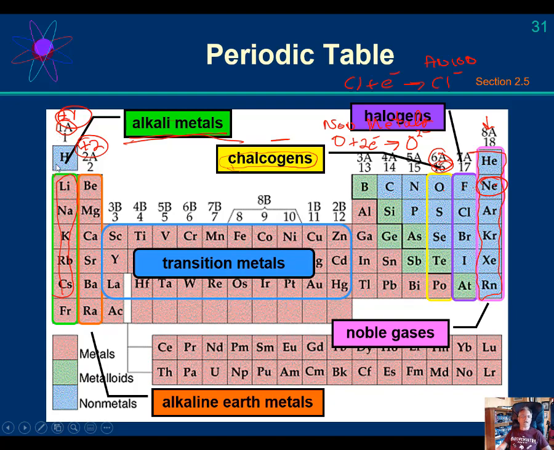So unlike the alkali metals giving up 1 electron, the alkaline earth metals giving up 2 electrons, the transition metals might be +1, +2, +3, +4, depending on the metal and the environment that they're in. Down here we have the rare earth metals. These are some very pricey metals on the market and hard to find. They're called the rare earth metals.